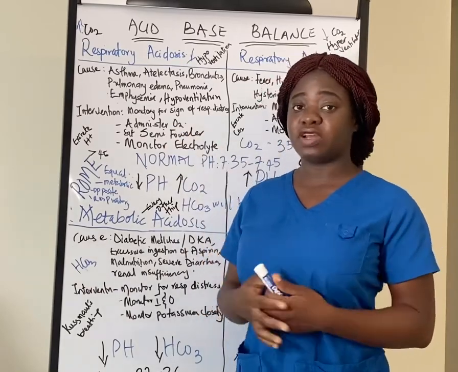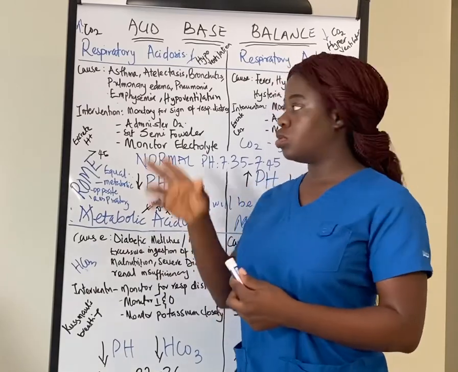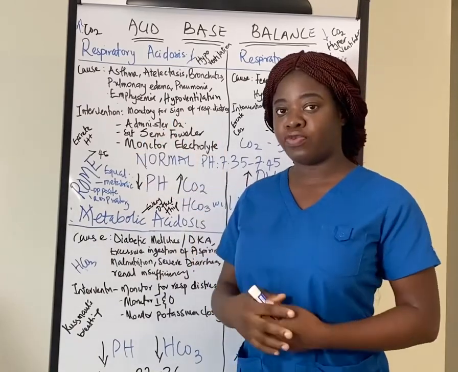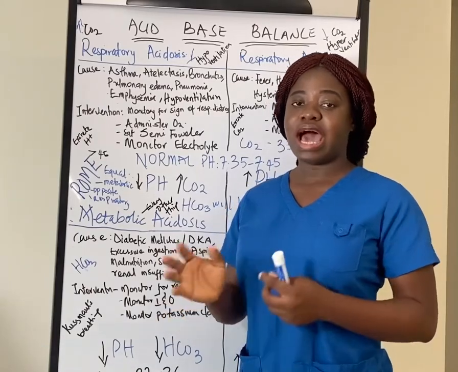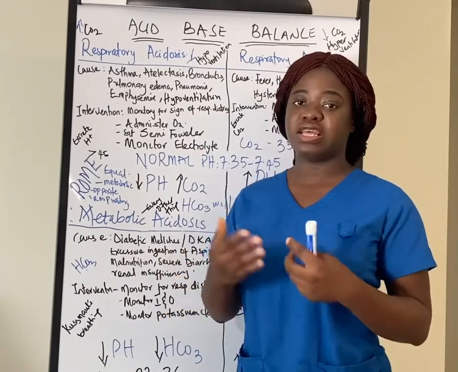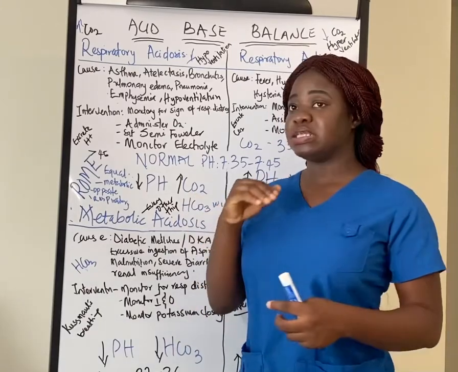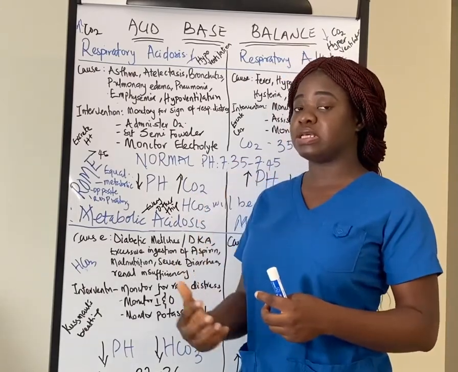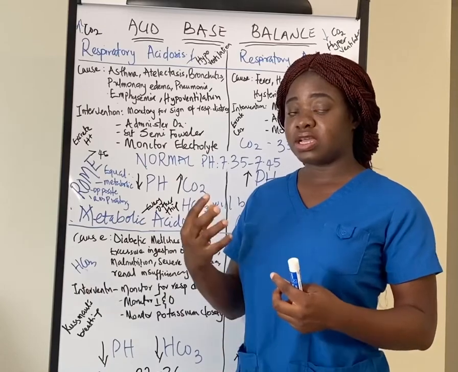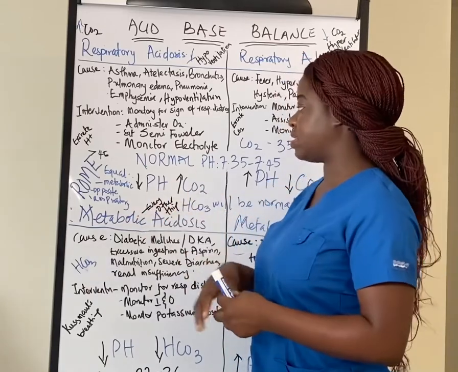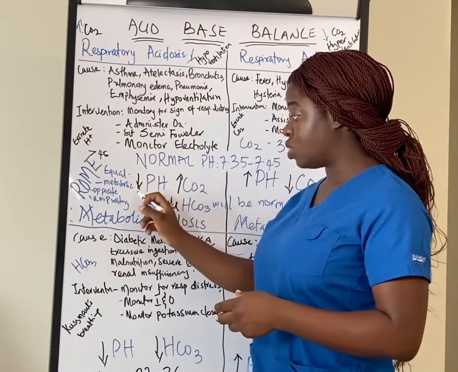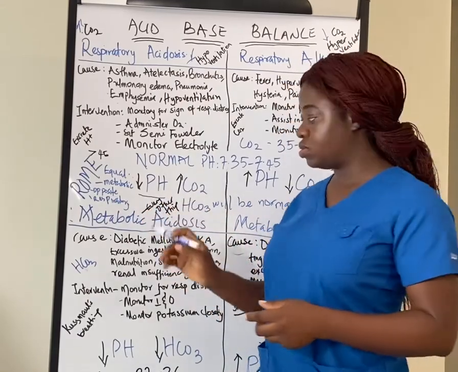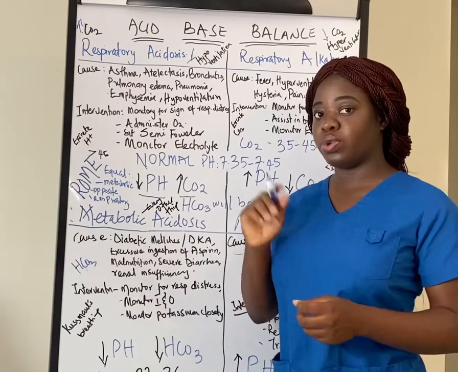Monitor the patient for respiratory distress, administer O2 to the patient, place the patient in a semi-Fowler's position, and monitor the patient's electrolyte level. And the body tries to compensate for this by releasing hydrogen ion into the system. So the value for this one is that the pH will be reduced and the CO2 will increase.